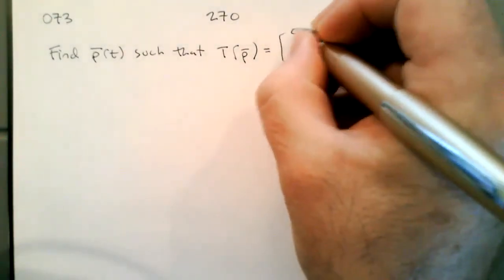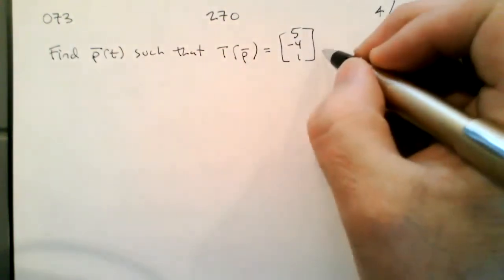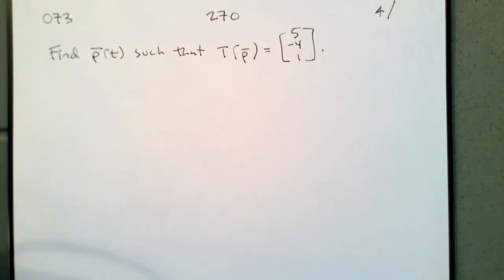Let's see, go with 5, -4, 1. So I want to solve an equation, but the solutions to my equation are going to be polynomials. But I'm going to do this using coordinates. So first I'm going to find the coordinates of P, and then I'm going to turn those coordinates into a polynomial.